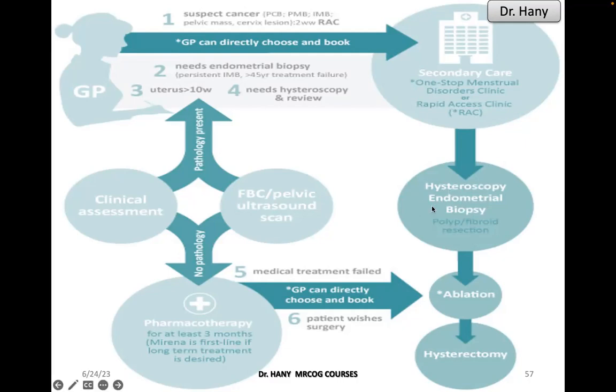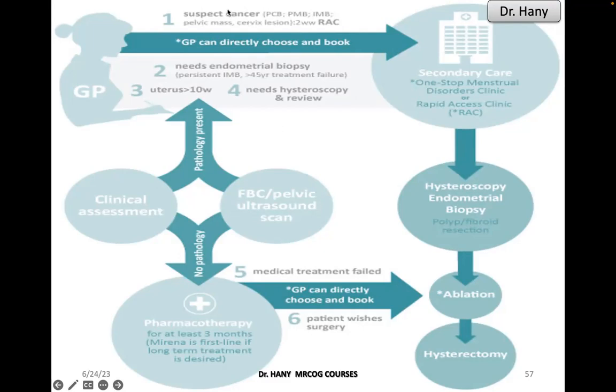Hysteroscopy and biopsy, polypectomy and biopsy, and if she doesn't want fertility, ablation if she has bleeding, or hysterectomy. If nothing suspicious, you will do a full blood count and ultrasound and prescribe Mirena or combined oral contraceptive pills for 3 months. This is the management of heavy menstrual bleeding.